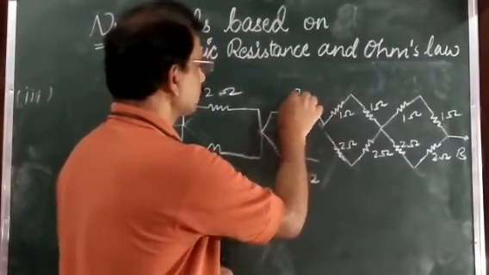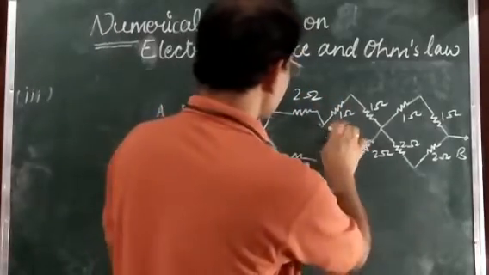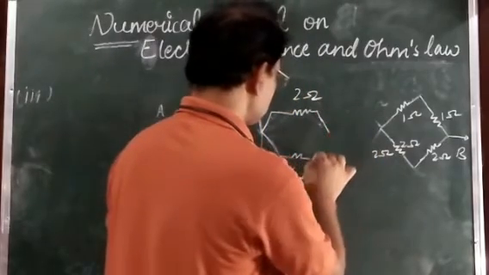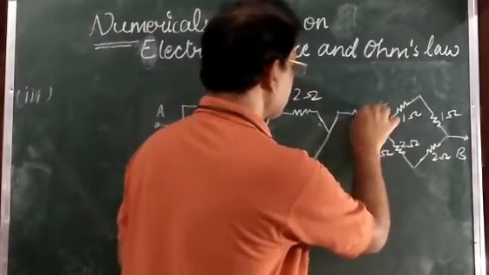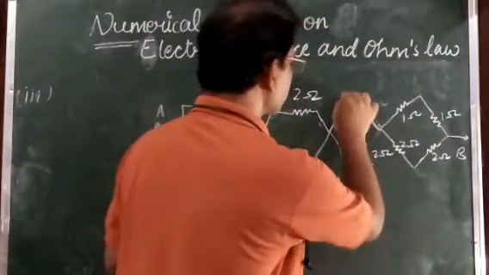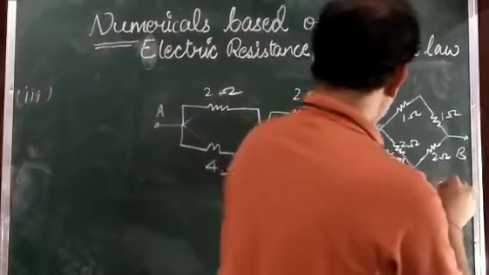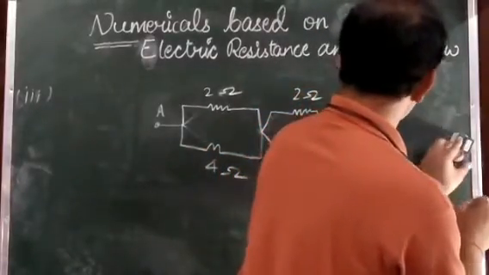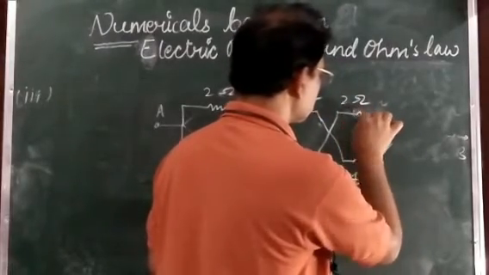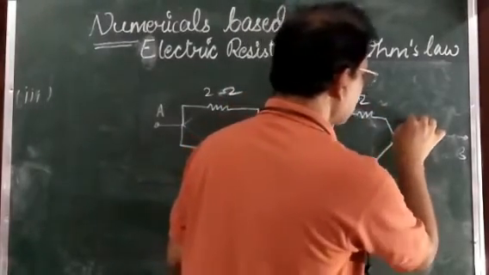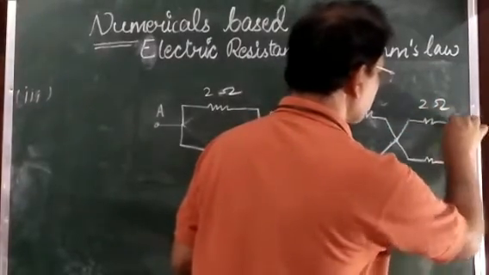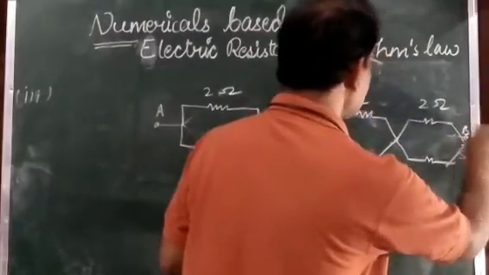This one is also 2 ohm. Here also we can write this one is 2 ohm, this one is 4 ohm, 4 ohm, this one is 2 ohm. And again this one is 2 ohm and this one is 4 ohm, this one is last.